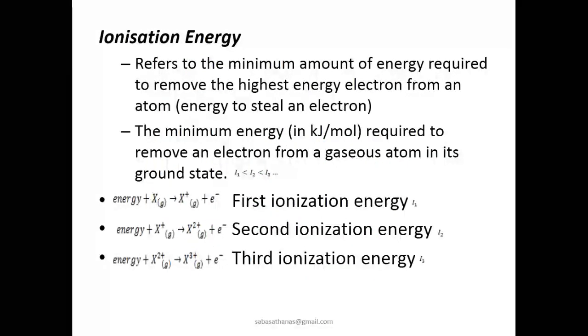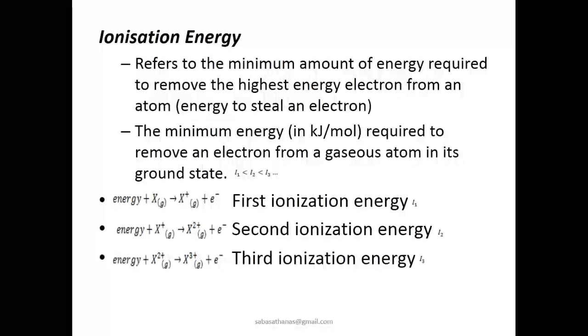Then there is another term, as we continue with the physical trends of the periodic table: ionization energy. Ionization energy is the minimum amount of energy required to remove the highest energy electrons from an atom.